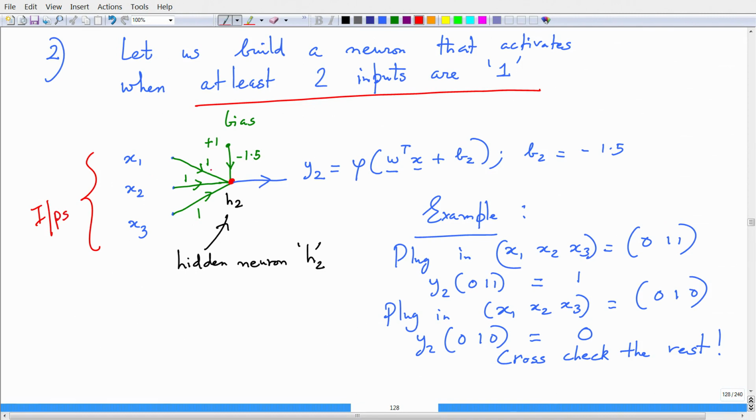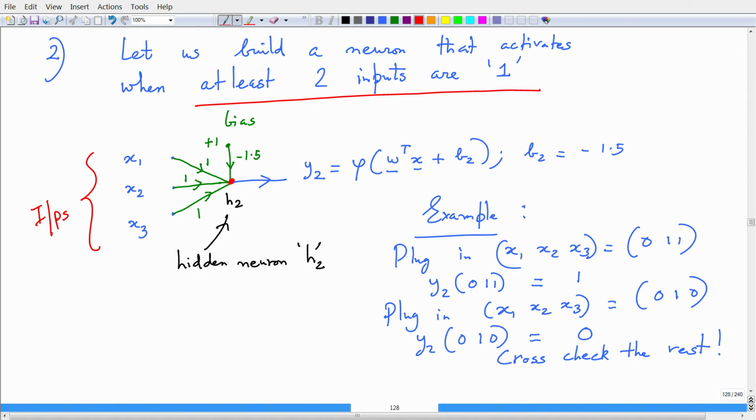I have the synaptic weights which are 1 1 1, but what I do is I adjust the bias slightly carefully. In the previous case, when I wanted at least one of the inputs to be 1, I had a bias of minus 0.5. Here I adjust the bias to be minus 1.5, right. So, my output is y2, which is phi of W transpose x plus bias B2. I fix bias B2 to be minus 1.5.